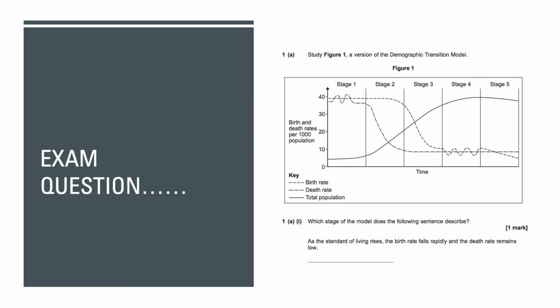Right, next up then, there's a little exam question for you to do. It's quite straightforward. It says, which stage of the model does the following sentence describe? As the standard of living rises, the birth rate falls rapidly and the death rate remains low. So you just need to look which stage of the demographic transition that describes.